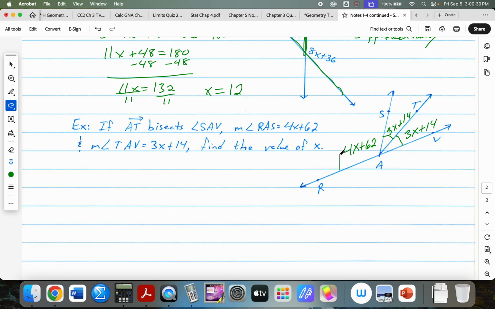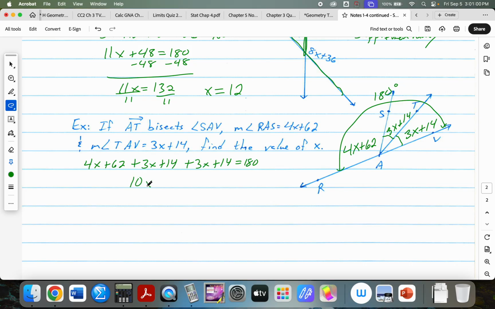So what do all three of those angles add up to? 180. So my equation will be 4x plus 62 plus 3x plus 14 plus 3x plus 14 is equal to 180.